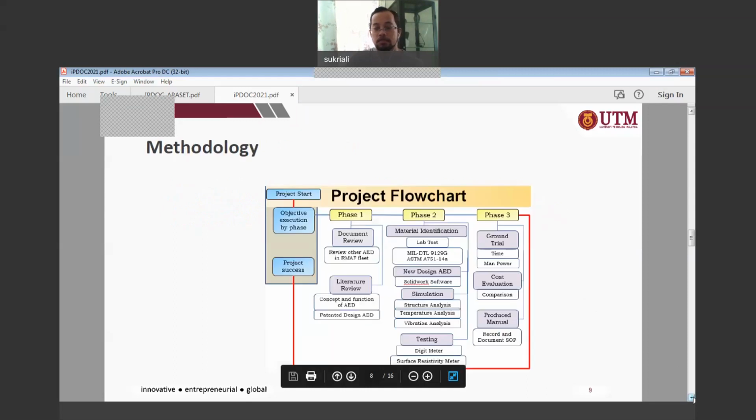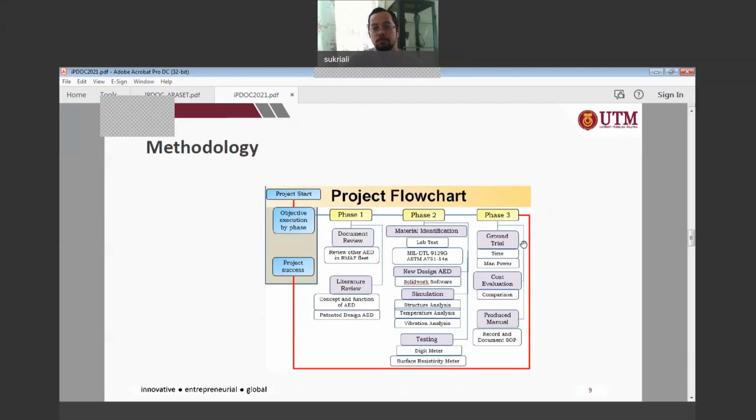We did this project in three consecutive phases. In phase 1, we did a document review where we looked at all the AADs used by the Royal Malaysia Air Force fleet, and we also did a literature review on the latest AAD systems. In the second phase, we did testing, which includes structural, temperature, and vibration analysis.